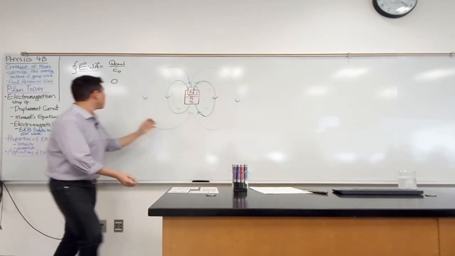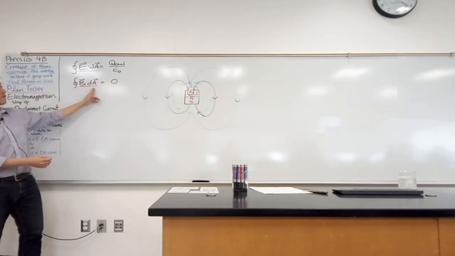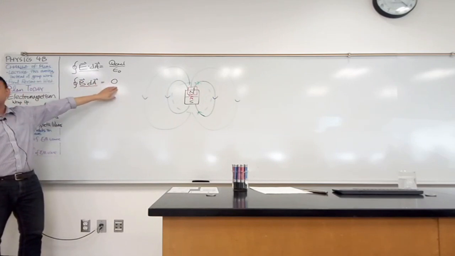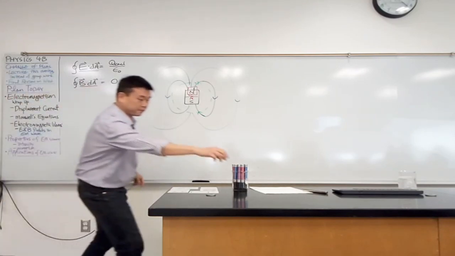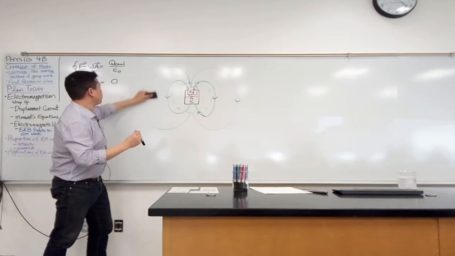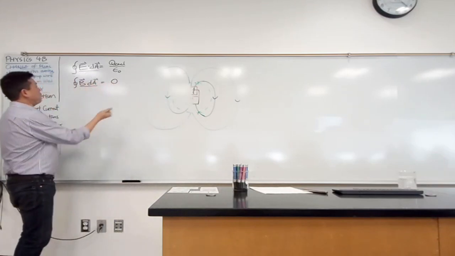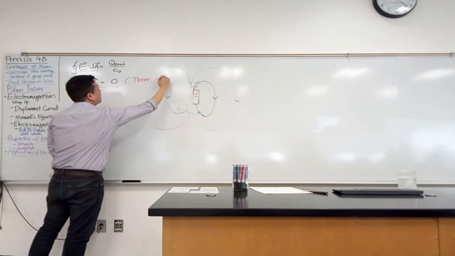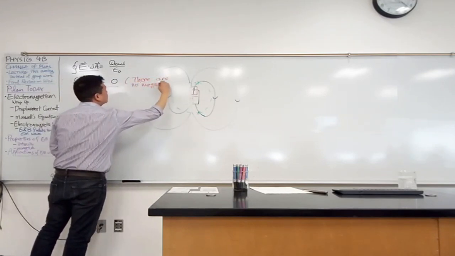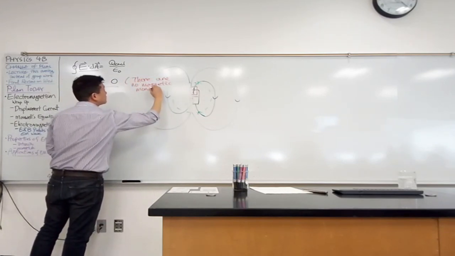And with the magnetic field, it just says you will get 0, because so far, despite numerous search efforts, people have found no magnetic monopoles. So you could go one step further and say that what this statement means is there are no magnetic monopoles.